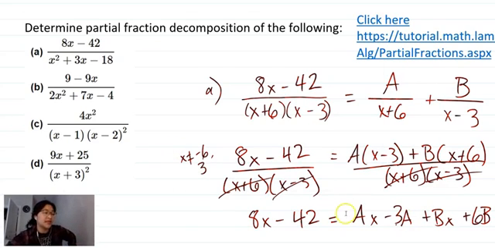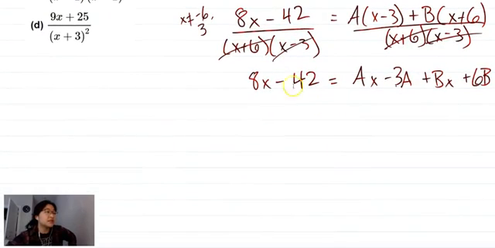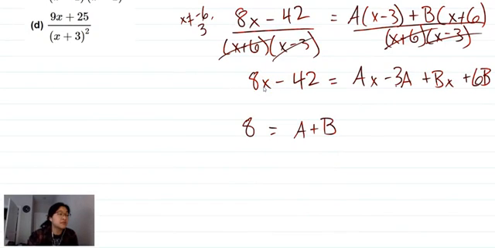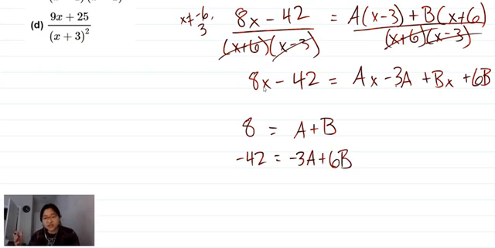And so we can group these with our x's together, so 8 equals a plus b, and then our constant terms, negative 42 equals negative 3a plus 6b. And then you can think back to algebra, where we're like, okay, how can we combine these two equations to solve our system of equations?